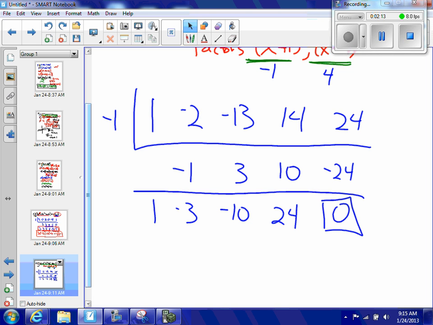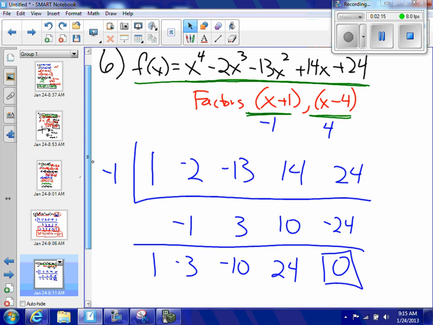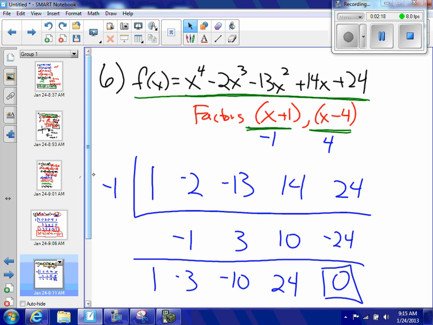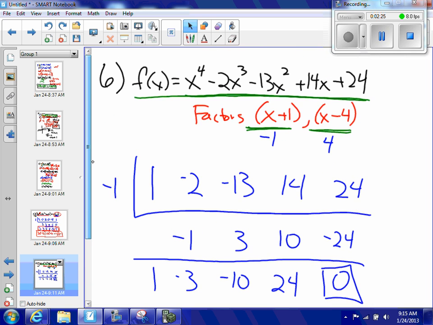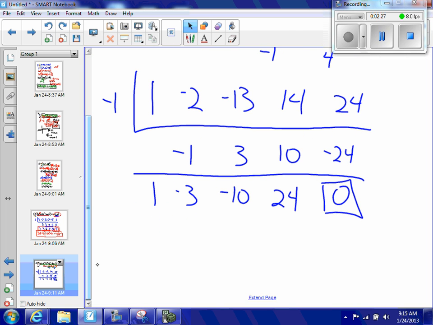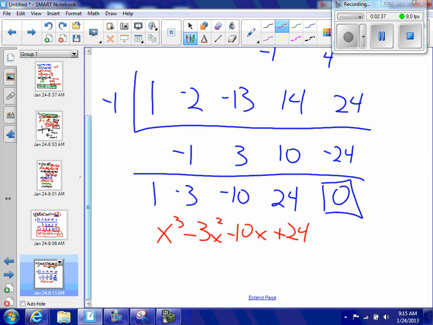Now, what I've done is I have depressed this polynomial by 1 power, and my new polynomial has a highest power of 3. So my new polynomial is x cubed minus 3x squared minus 10x plus 24.